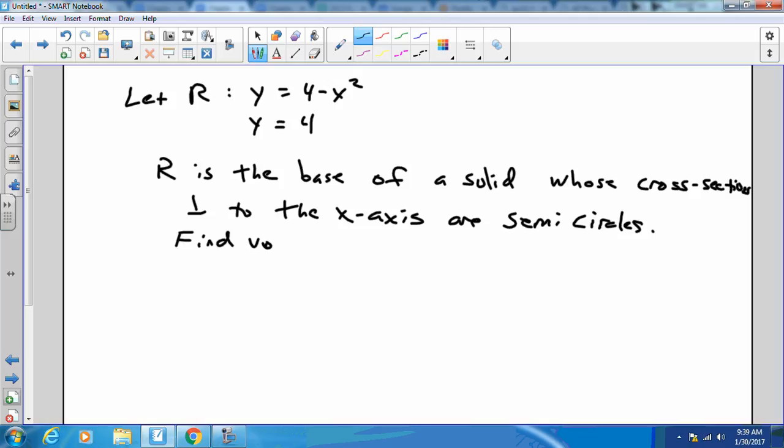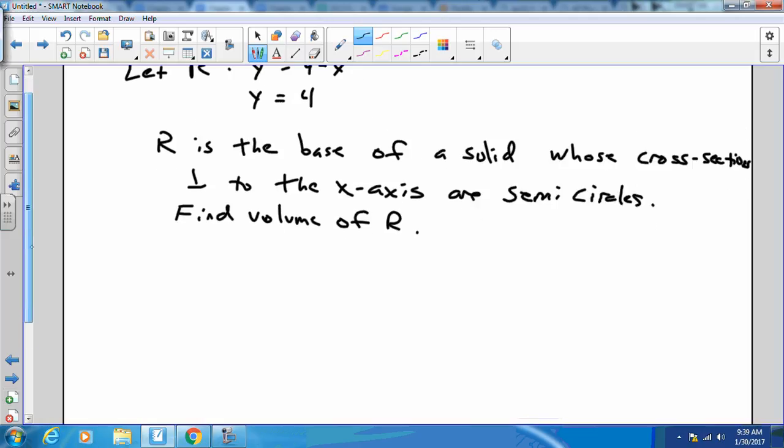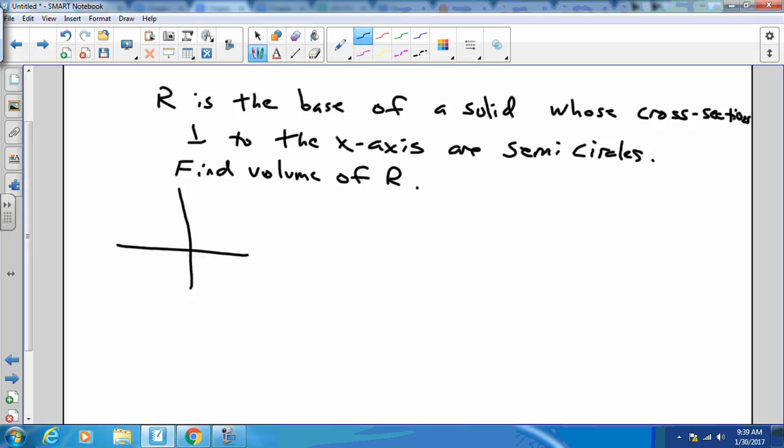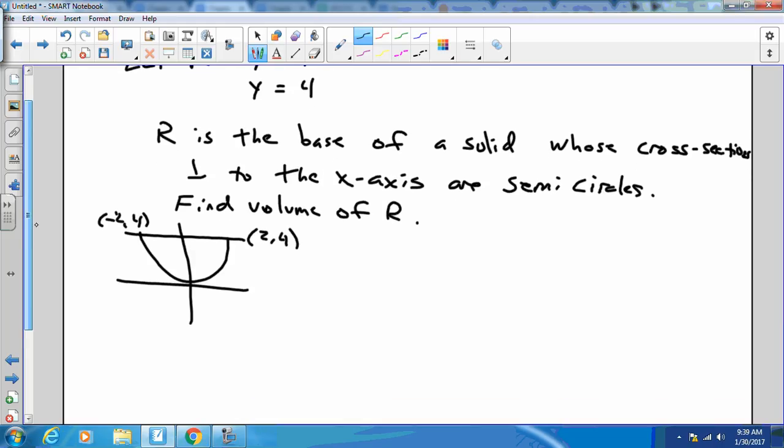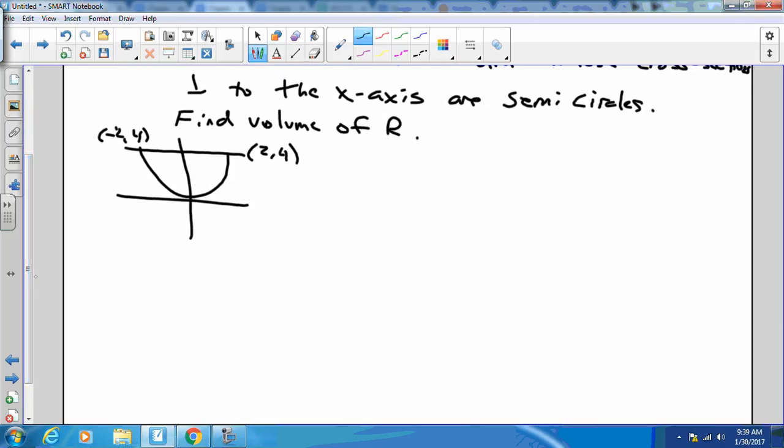Find the volume of the solid. Okay. So, again, we sketch the region R with its intersection points. Oh, excuse me, and then x squared. There we go. The 4 minus x squared was stuck in my mind from the previous problem. Thank you. There we go.